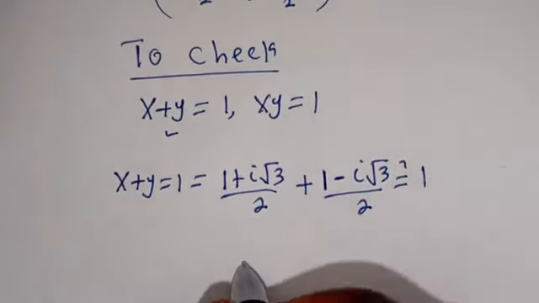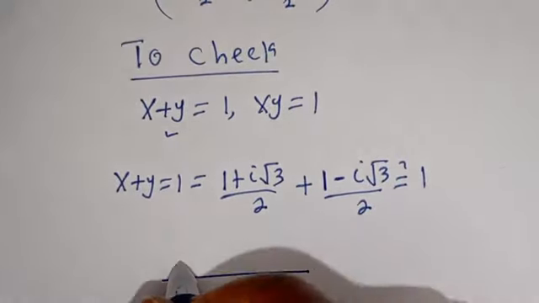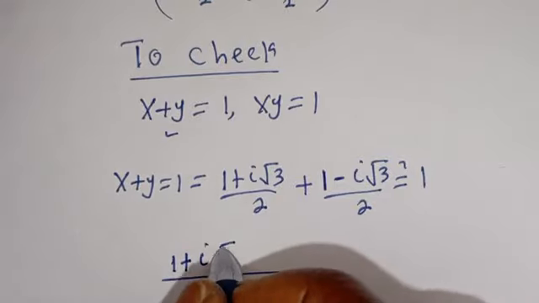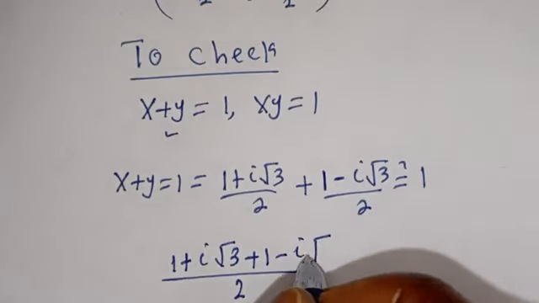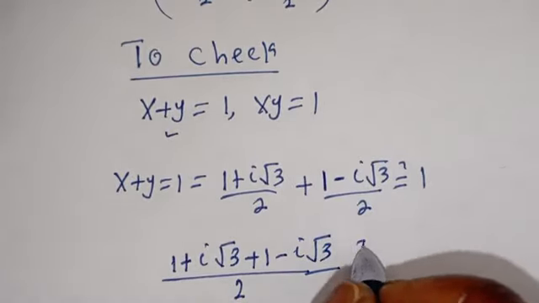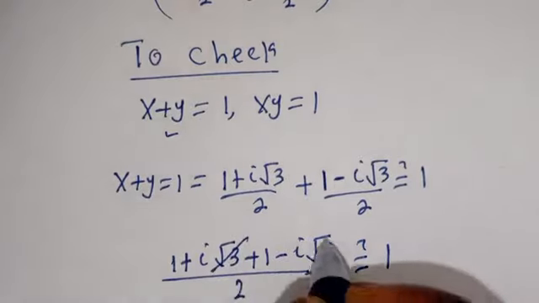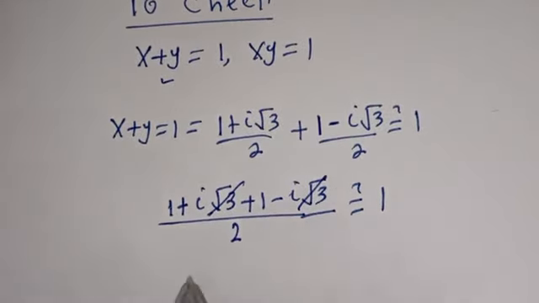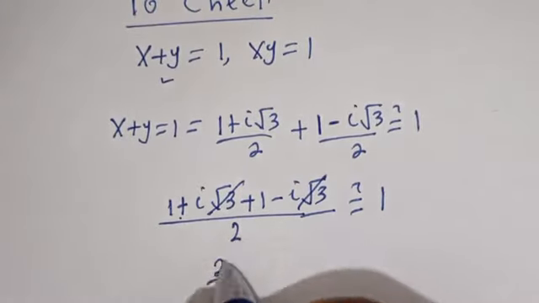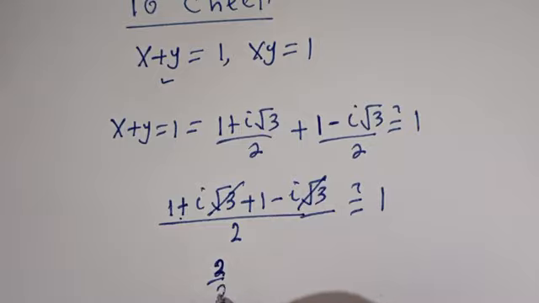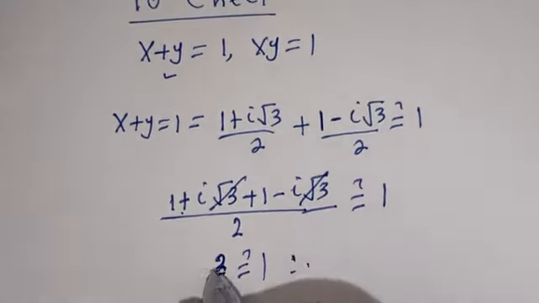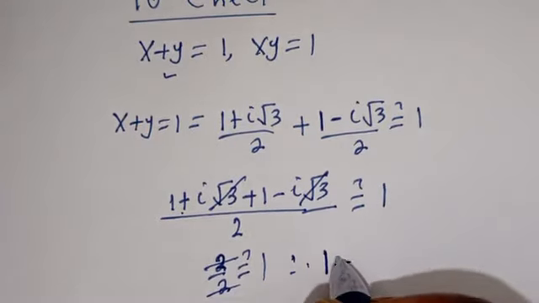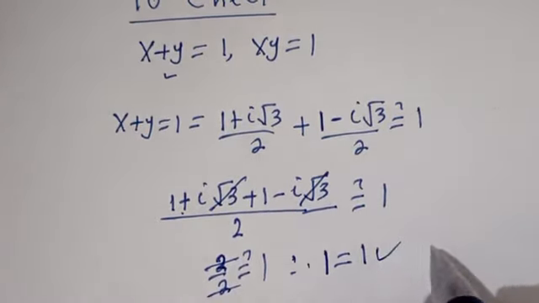You can see here that the LCM is 2. Then here will be 1 plus i root 3 plus 1 minus i root 3 must be equal to 1. This will cancel this. Now we have 1 plus 1, that is 2, divided by 2 must be equal to 1. Then, therefore, 1 is equal to 1, which is true.